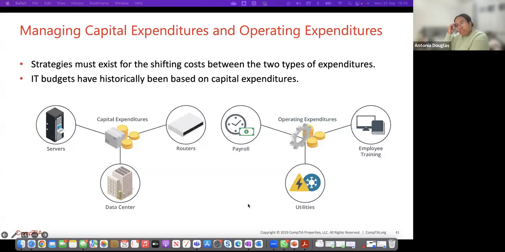So on the back of last week, managing capital expenditure, operational expenditure, strategies must exist for shifting costs between the two types of expenditures. IT budgets have historically been based on capital expenditure, so fixed costs.